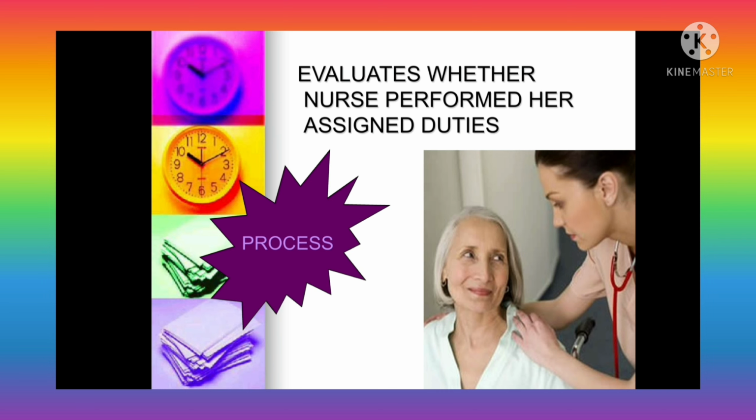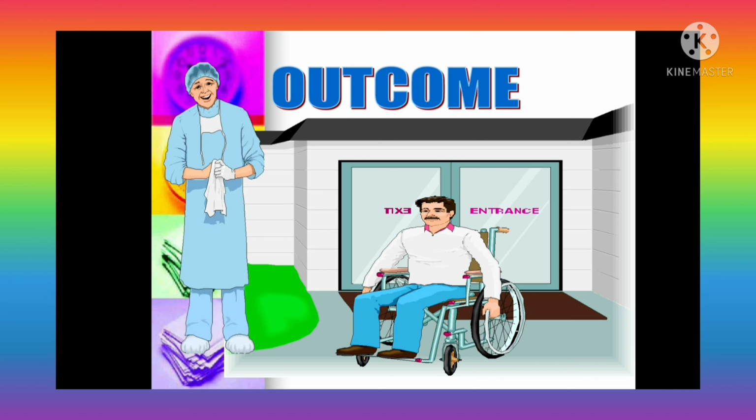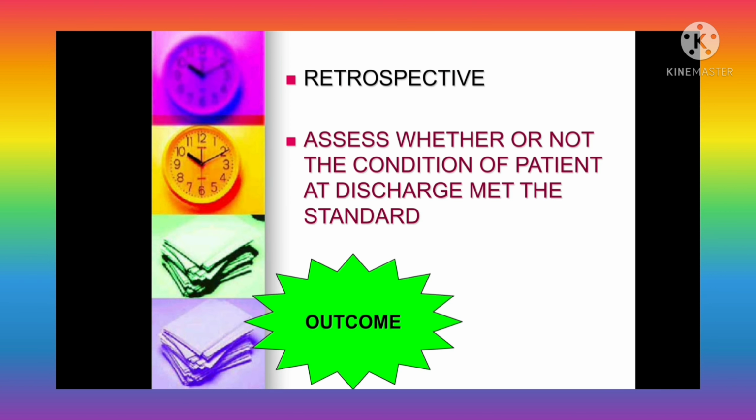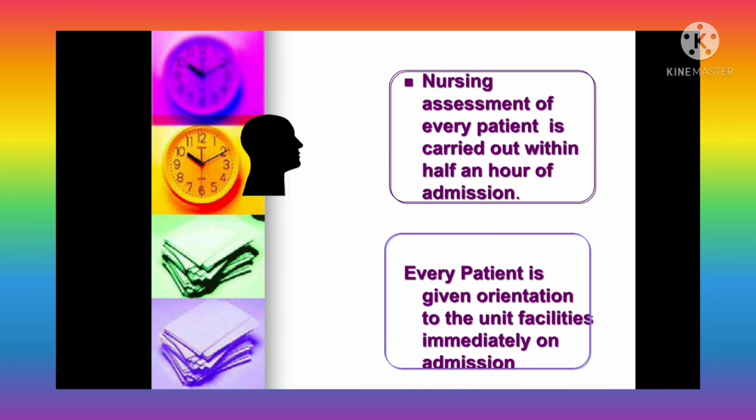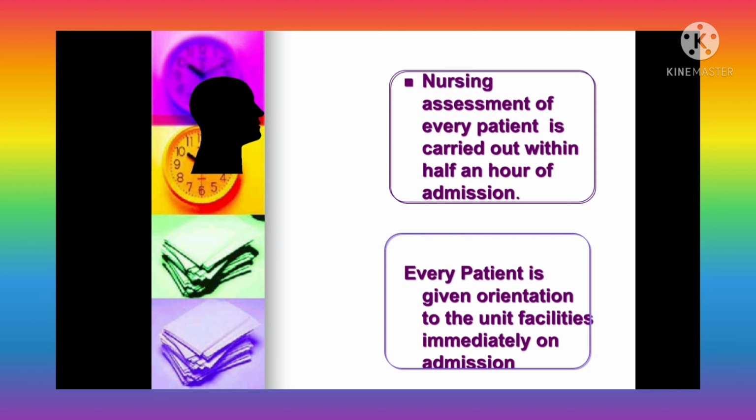Then the outcome standards are the important thing: the discharge of the patients, stay in the hospital, and the condition of the patients, it's according to the standard, and morbidity and mortality rate is reduced. Okay, these are all the outcome standards. Nursing assessment of every patient is carried out within half an hour of admission.